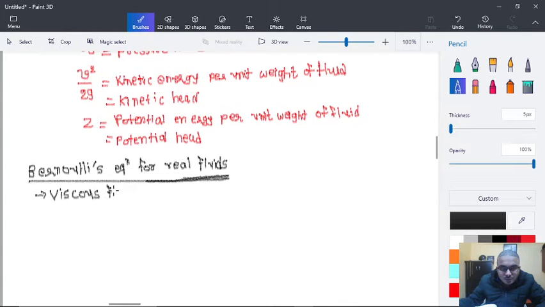So here this will be the case of viscous flow. So let's take two different points and apply the Bernoulli's equation.